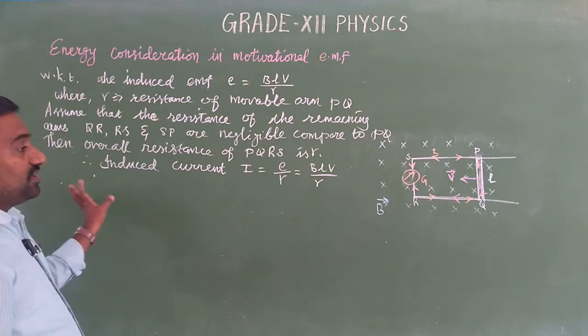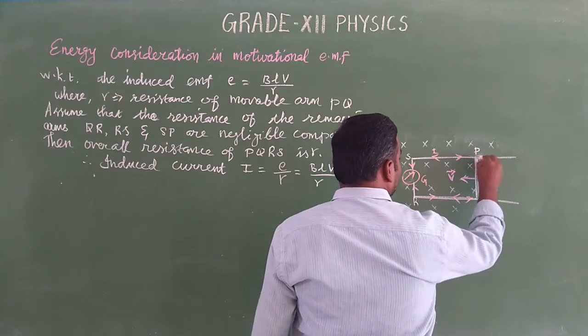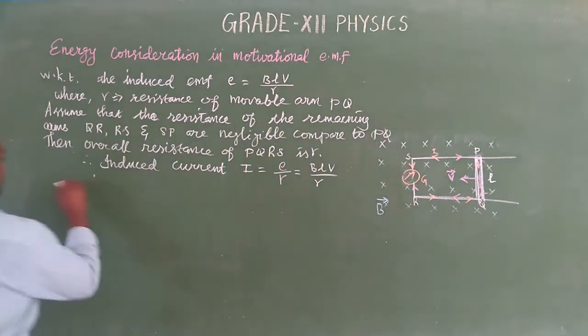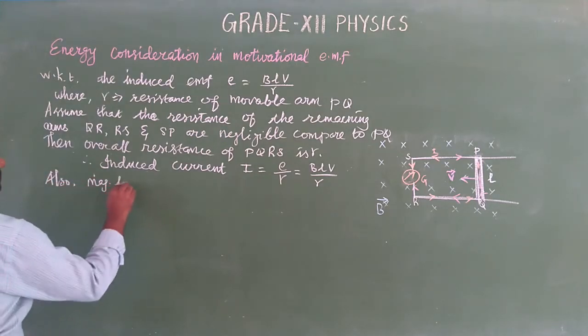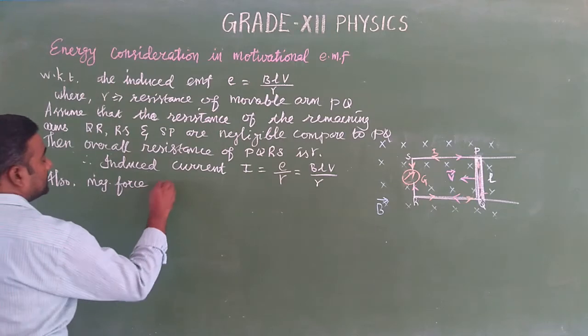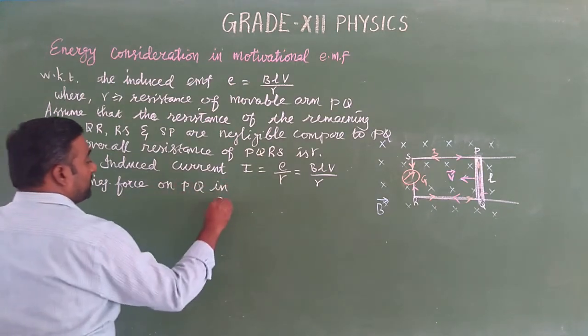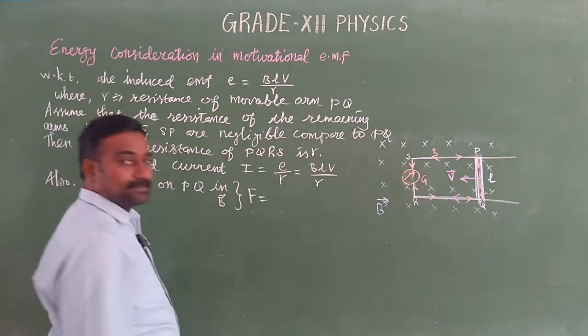And then we can determine the magnetic force on PQ in the magnetic field. F is equal to ILB.